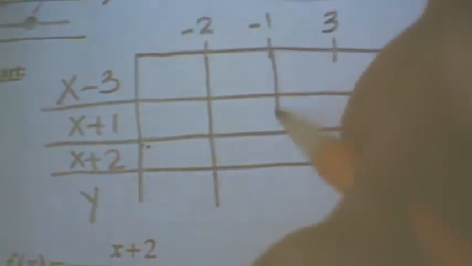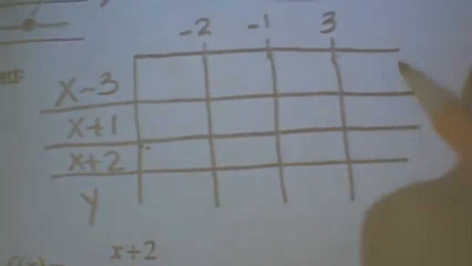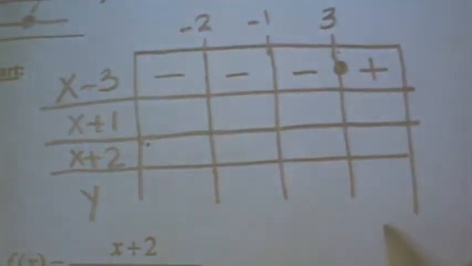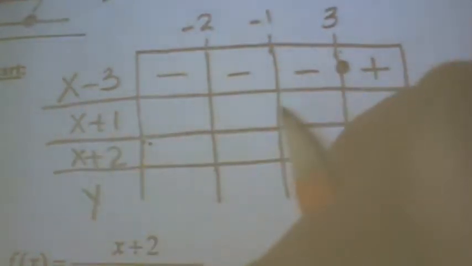Well, you're going to locate your 0. At x minus 3, your 0 is right at this spot. One of these 3 will be your 0. To the left will be negative, to the right will be positive. X plus 1, negative 1 is your 0. Negative, positive. And negative 2, negative, positive.